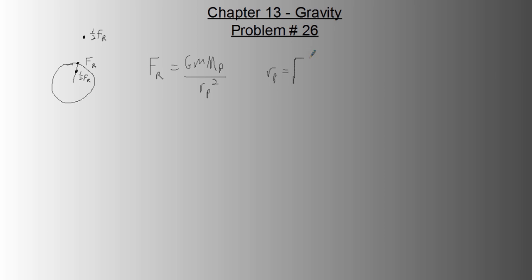You get the square root, because we want to figure out a new distance, maybe in terms of radius. So it becomes the square root of G M P over F R. So that's the radius of the planet in terms of the force.